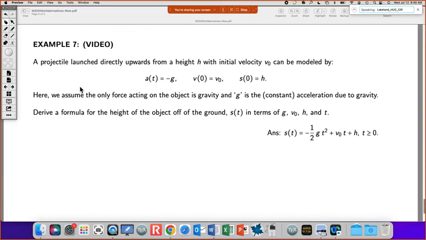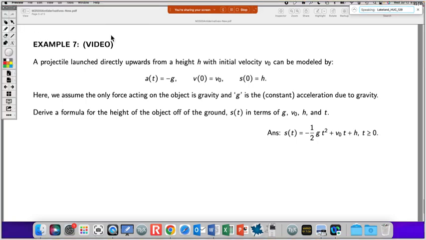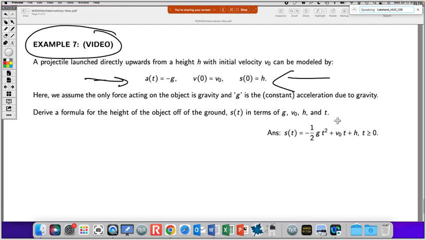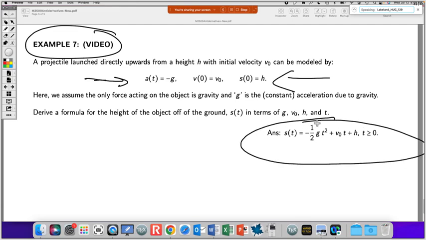Okay. Now, here's a video. This is a really good one, especially for you, Emily, since you're going to be taking physics. What's nice about antiderivatives in calculus is we can derive one-dimensional motion, assuming the only thing acting on the object is gravity. We can actually derive this formula, which no doubt you've seen in pre-calculus and algebra classes.